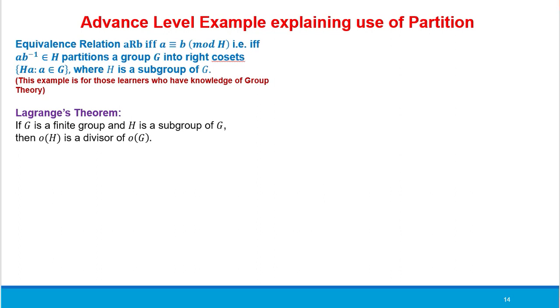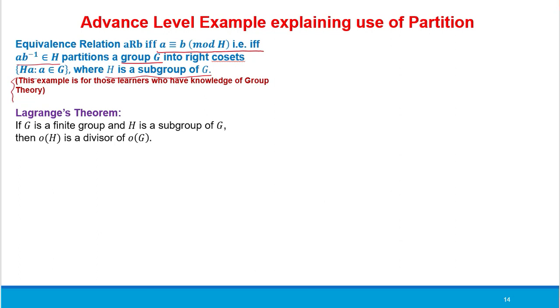Now the equivalence relation which we are going to have in this example is this: A is congruent to B mod H if AB inverse belongs to H. Here we have taken G as a group and H as a subgroup of G. I am emphasizing that this example is for those learners who have knowledge of group theory, otherwise you can skip it.